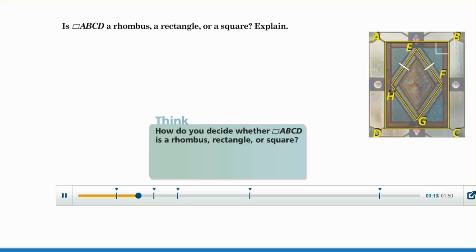How do you decide whether parallelogram ABCD is a rhombus, rectangle, or square? Use the definitions of rhombus, rectangle, and square, along with the markings on the figure.